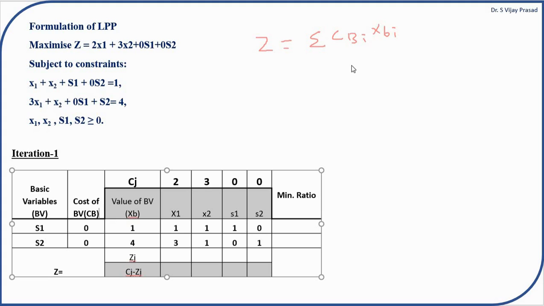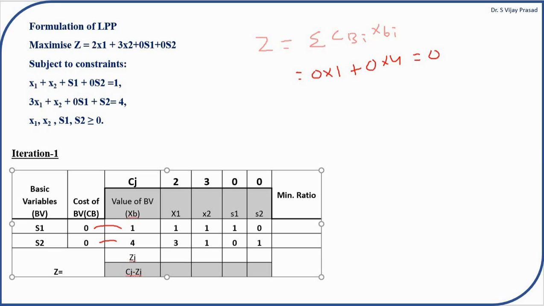That means this is the cost CBi, and the corresponding XBi you are going to take. Multiplication of these two: 0 into 1 and 0 into 4. These are the multiplications you have to do, and then you add them for the Z value. Here, 0 into 1 plus 0 into 4, which is equal to 0 only.